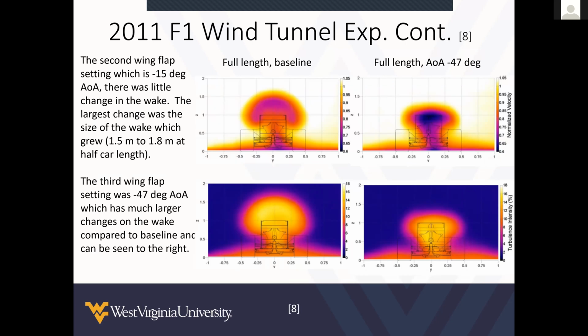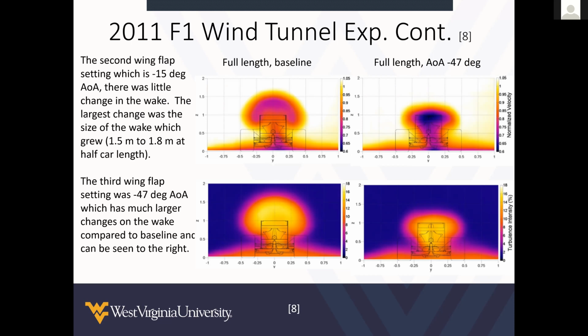That wing profile didn't show much change in the size of this mushroom cloud turbulence region. They saw that the cloud size increased about 0.3 meters, but pretty much the structure and everything was still the same between the baseline and the -15 degree.